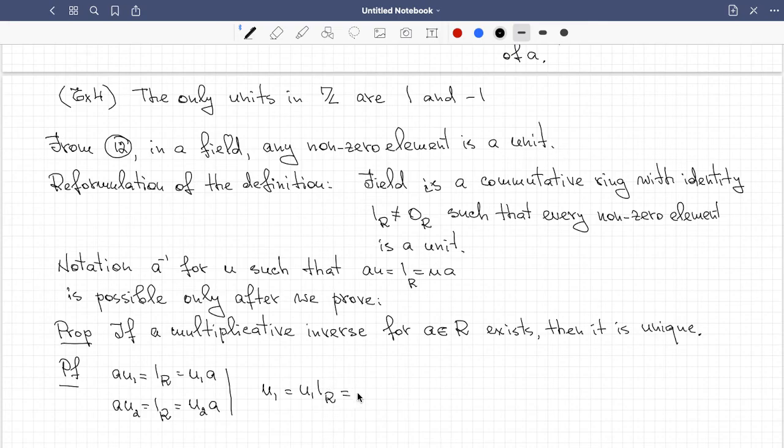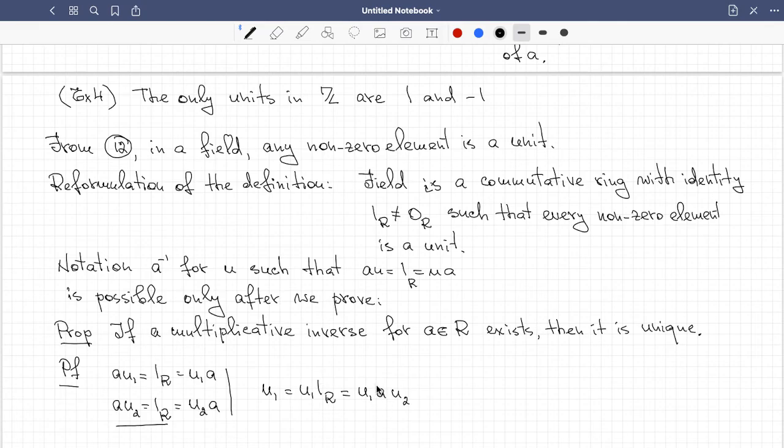This identity is equal to A u2, because A u2 is the identity. So we wrote this identity as A u2.